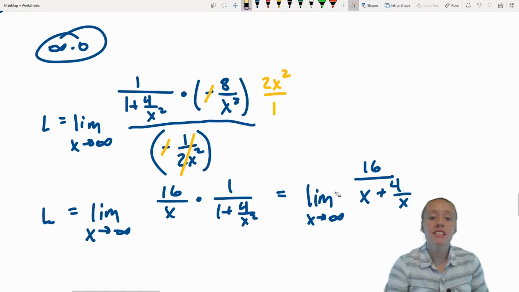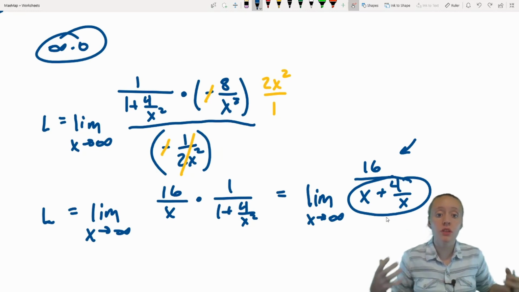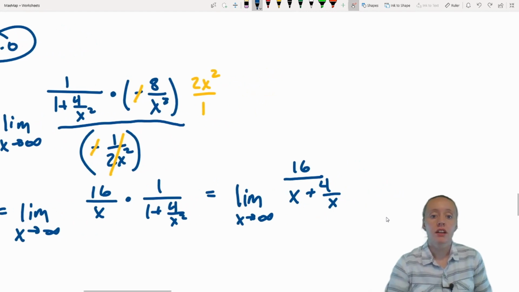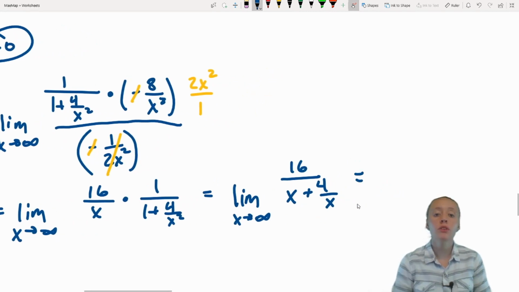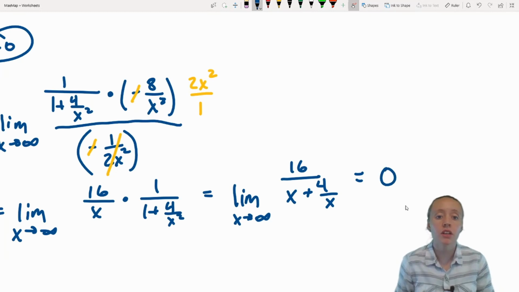Taking the limit of this as x approaches infinity, I have a constant of 16 over, what happens with this is x goes to infinity, and 4 over x goes to 0. Infinity plus 0 is going towards infinity. So if I have a constant over a function that's approaching infinity, that all is going to go to 0.